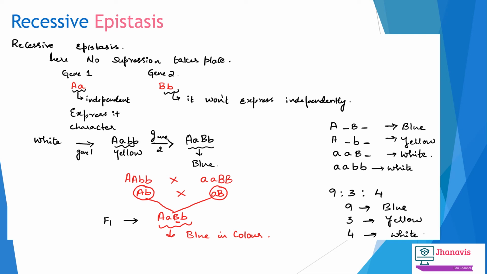And second thing is, whenever the capital A is present and the small b is present, here the dominating will be only A, so it always shows a yellow colored flower.